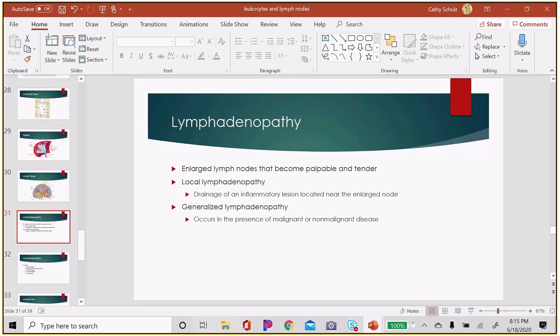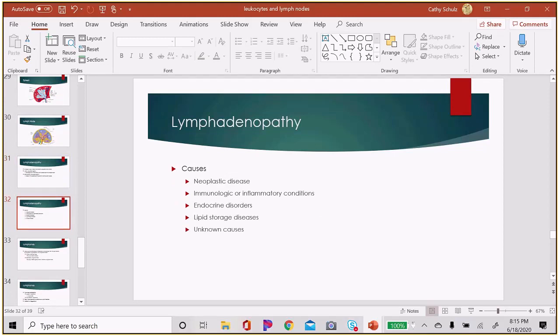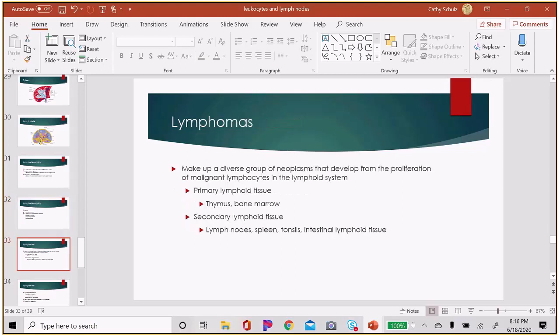Sometimes there can be generalized lymphadenopathy that could be related to cancer or a viral infection. So if there's lymphadenopathy, we can think about some of the causes, and it could be an immune or inflammatory condition or an infection, or it could be a cancer. Those are the top two worries that we would have. And a lymphoma is a cancer that specifically occurs in the lymphoid system.